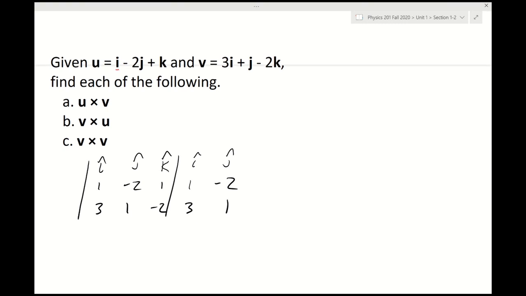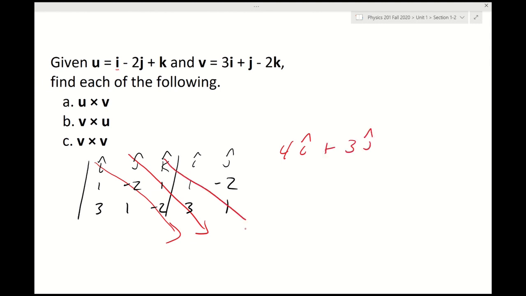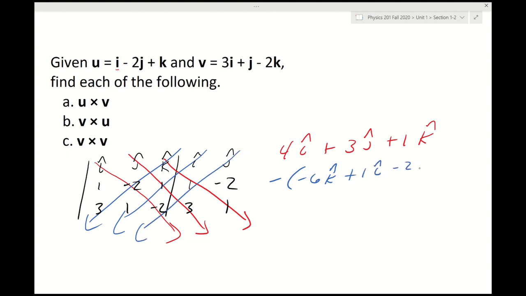So I draw my lines. That's going to give me a 4i, 3j, plus 1k, and I will subtract from that a negative 6k, 1i, and a negative 2j.